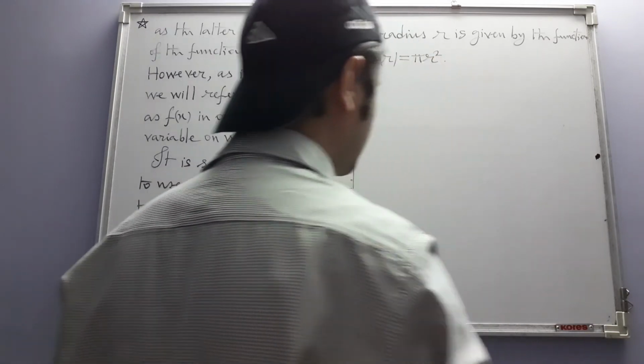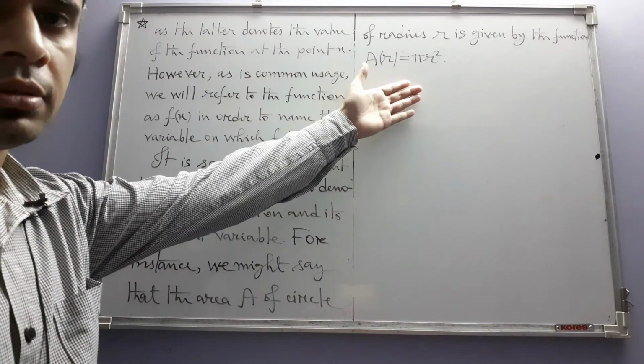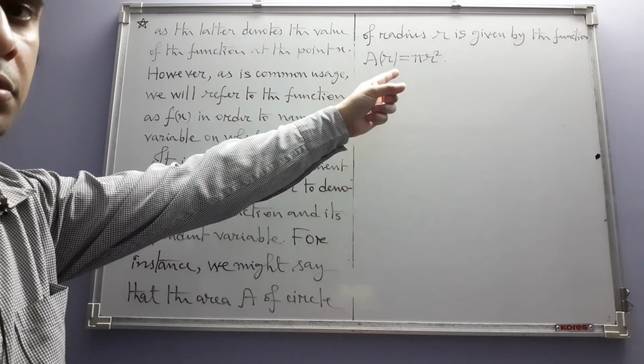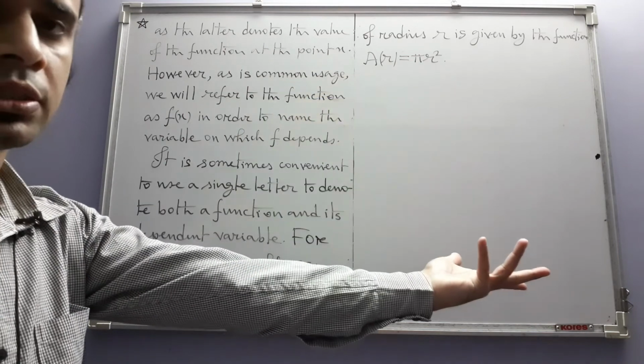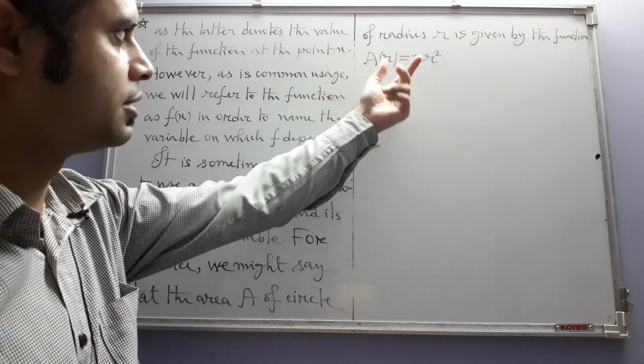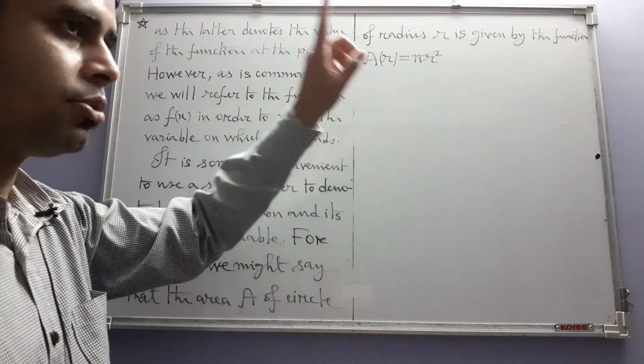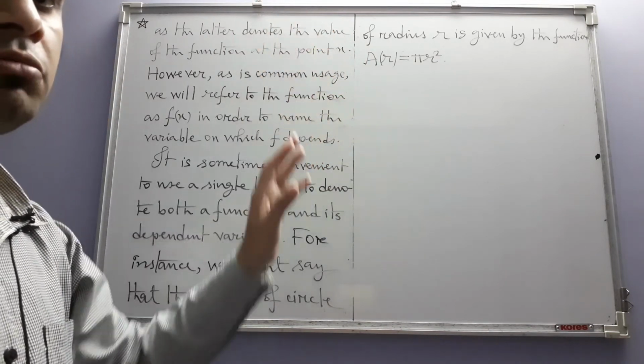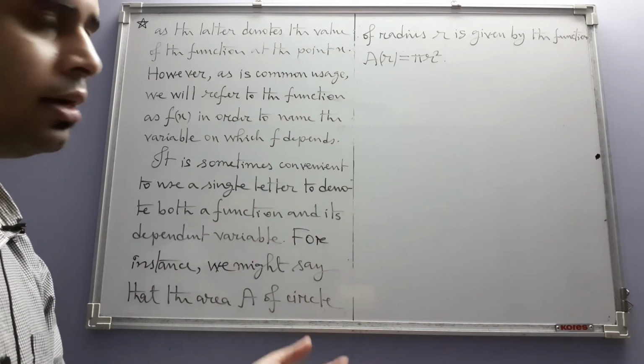So those two ways of writing a function, 1 and 2, we have followed the second way here, where we write say f x equal to x square. So here A denotes both the function as well as the dependent variable in the circle area function.